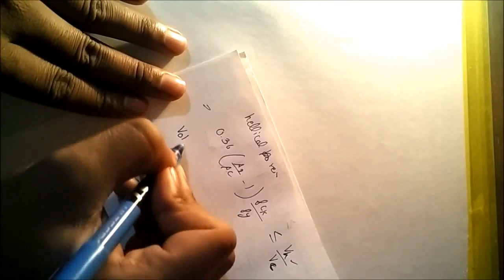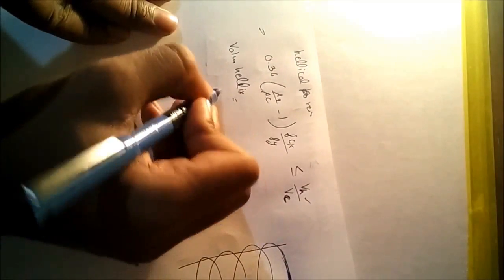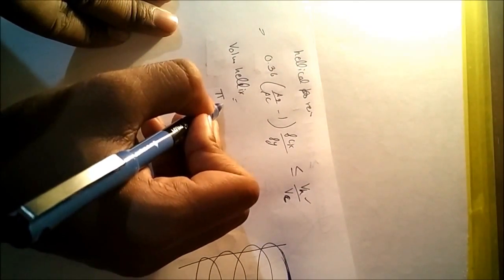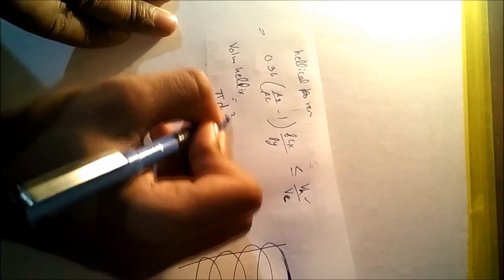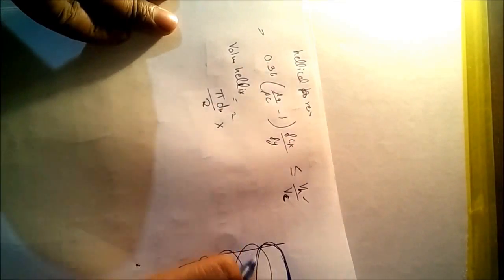Volume of helix will be equal to area of least lateral dimension, that is pi d square by 4, into 2 pi r.